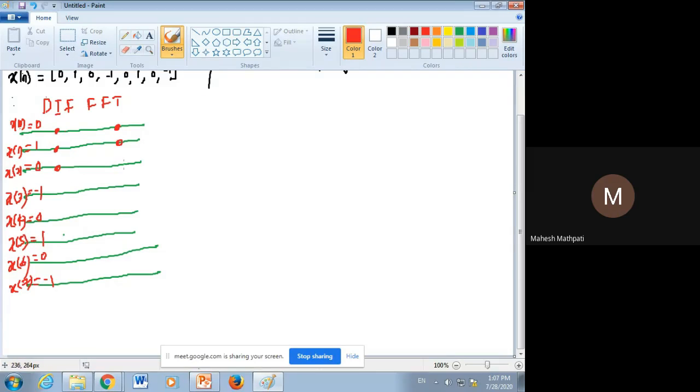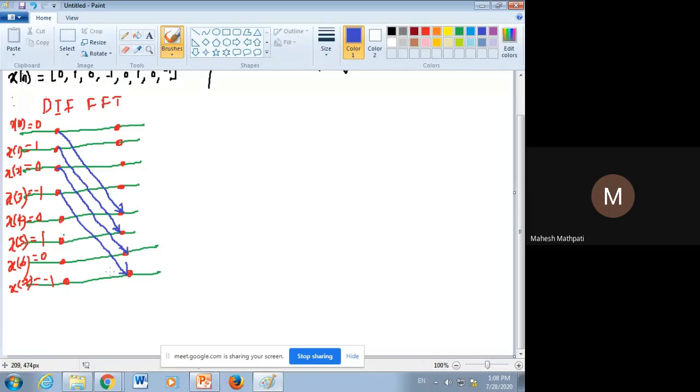So let us draw this diagram as an 8-point. From the left side, the first point is added with the fifth point on the right side. Then the next is added with the next point, and this is added with this point again.